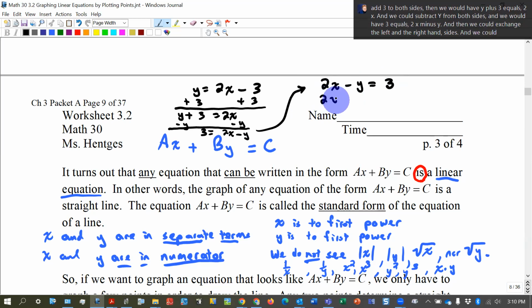And we could change our subtraction into adding the opposite. And we could change Y into 1Y. And so now our equation looks like a number times X plus a number times Y equals a number. So capital A, capital B, and capital C are numbers, and X and Y are variables.